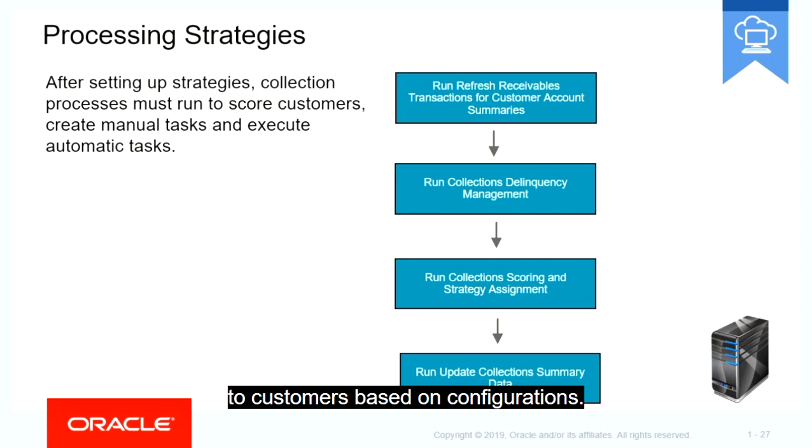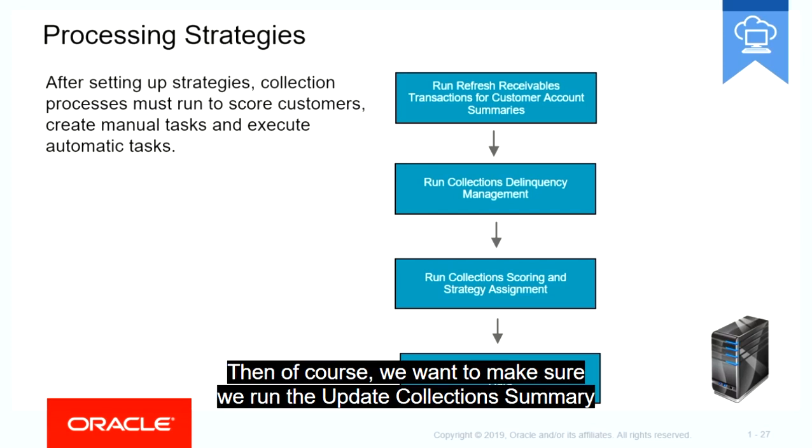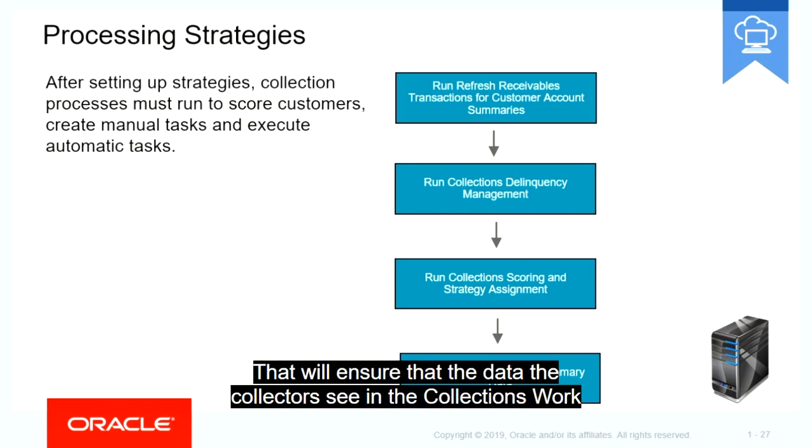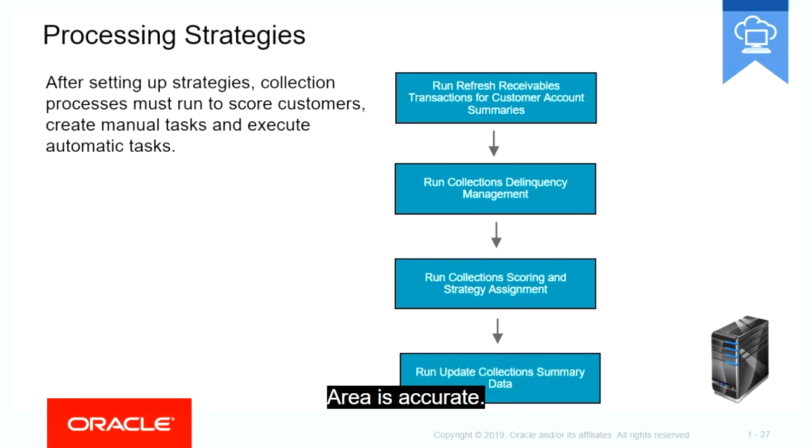Then of course we want to make sure we run the update collections summary data. That's going to be an important process that will ensure that the data the collectors see in the collections work area is accurate.